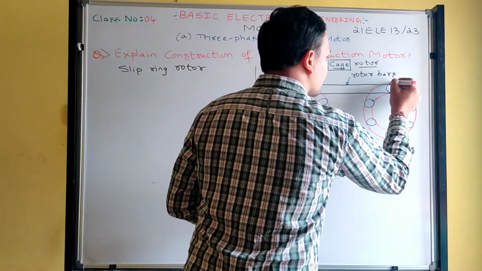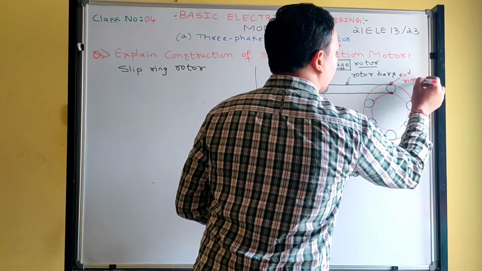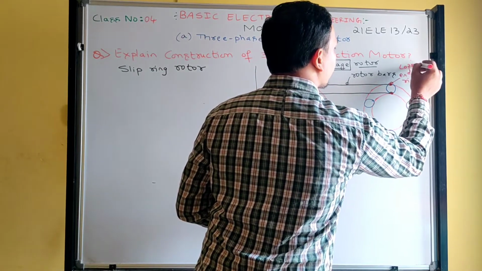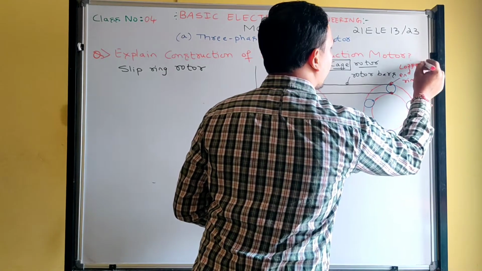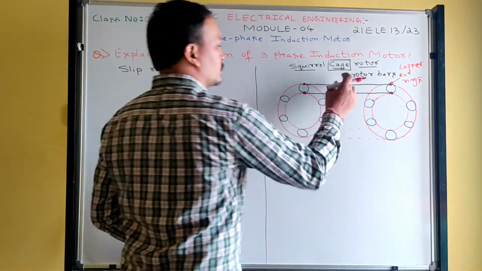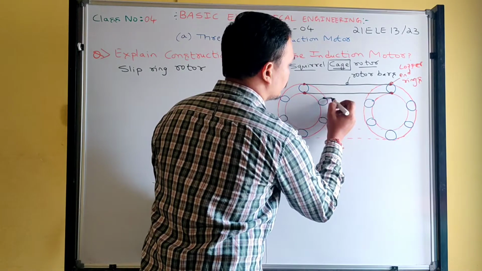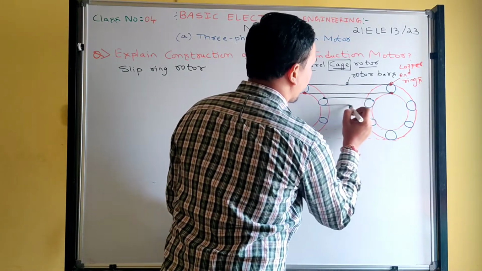So that soldering is nothing but with the help of end rings, with the help of copper end rings, the rotor bars are soldered. Okay. So similarly, this hole is connected to this one. Okay.